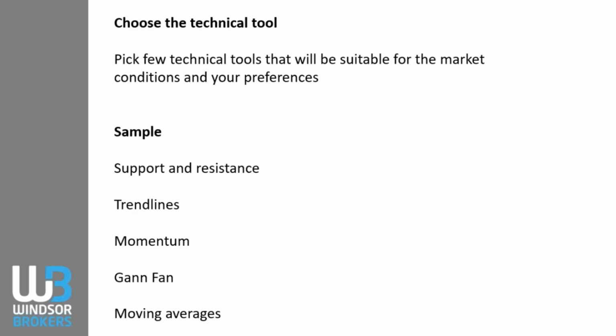I think we spoke about this in the previous sessions: each trader has their own preferred combination of technical indicators, but some of them are very popular, and most traders use them.